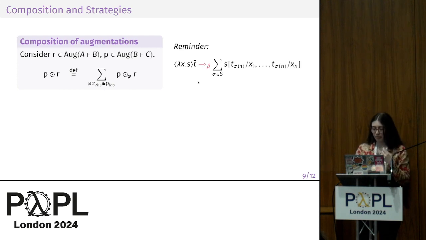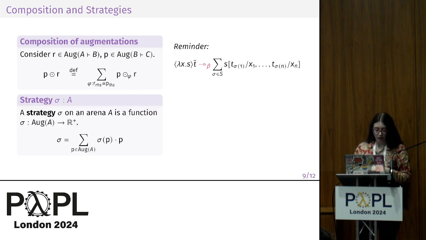If you remember what I said earlier about resource calculus, this is very similar to the definition of substitution in resource calculus, in which we need to sum over all the possible permutations in order to define the substitution. So again, here you have the main idea on why this also works with the composition. And finally, now that I have a formal sum of augmentations, I can define strategies as formal sums of augmentations with coefficients.